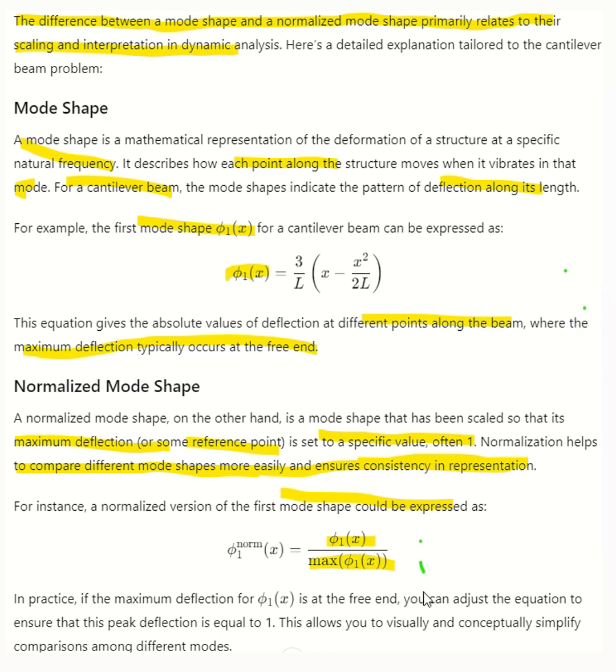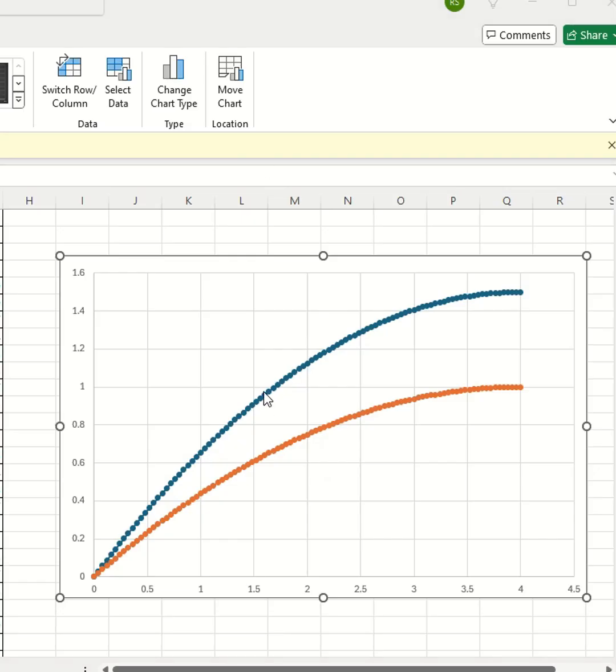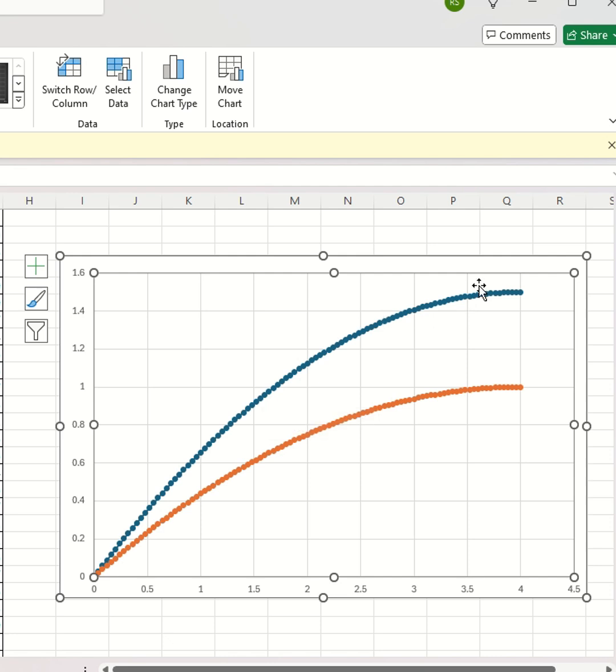If we see this as an example, here you can see this value is the absolute value 1.5, and this is the normalized value, because we have divided that value by 1.5.